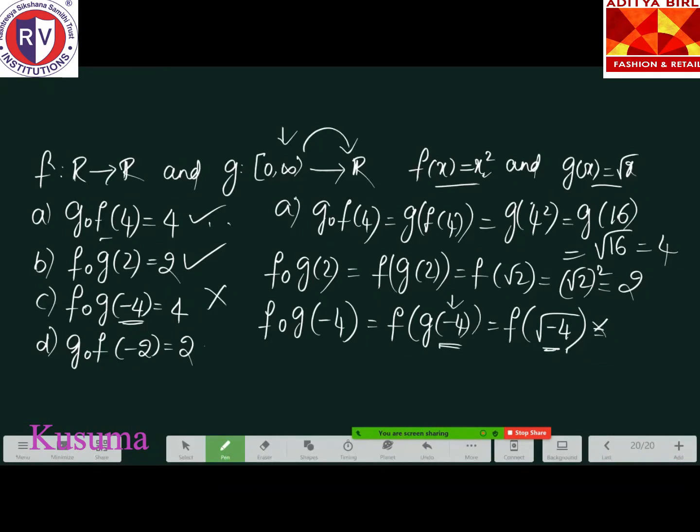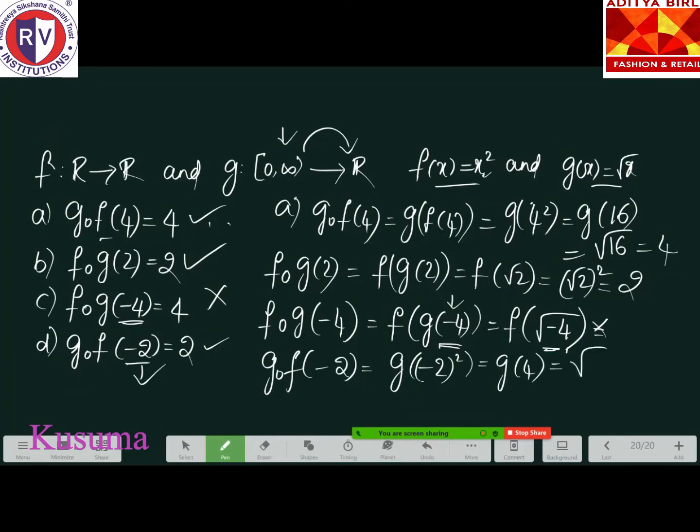And if you check the last statement, this will be a true statement, because G of F of minus 2 will be G of minus 2 whole square, that is G of 4.